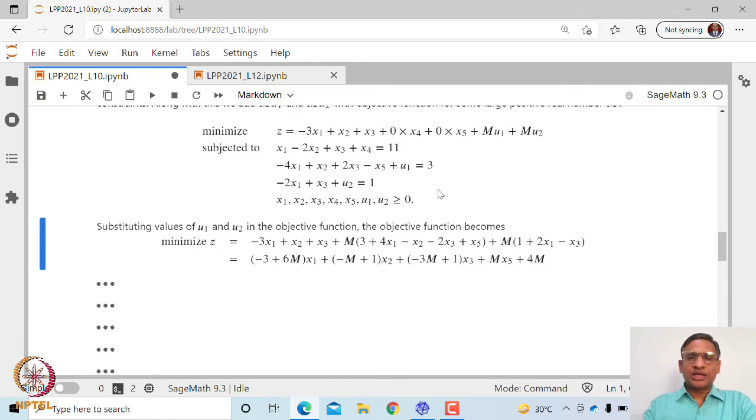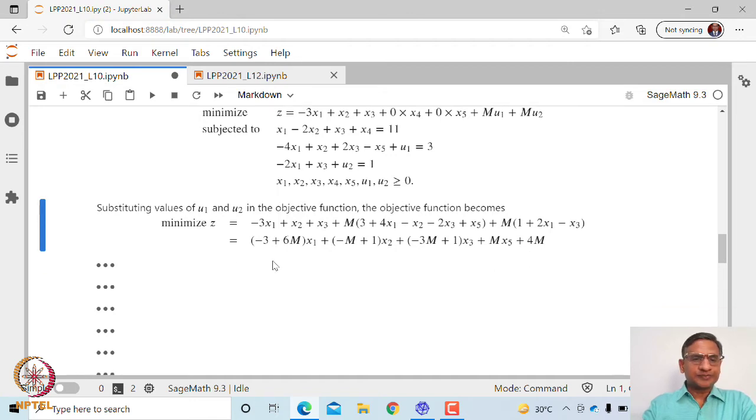Now you can see that in this modified problem, I can take x4 equal to 11, u1 equal to 3, and u2 equal to 1 as the initial basic feasible solution, and that will give me the value of the objective function z equal to 4M. But M is a very large quantity, so this is going to be a large value which we have to reduce.